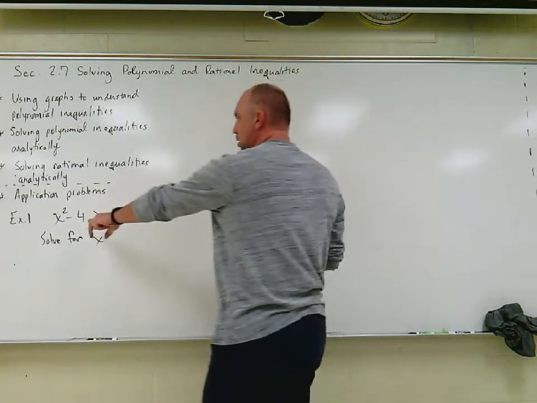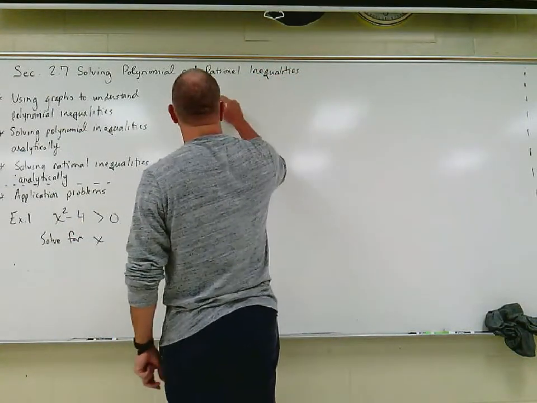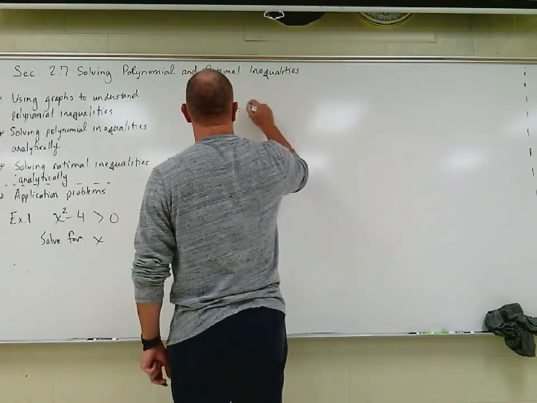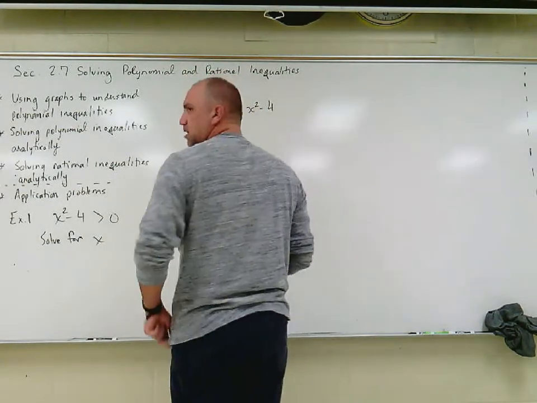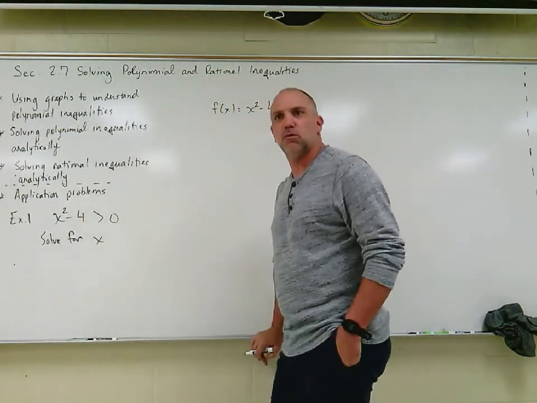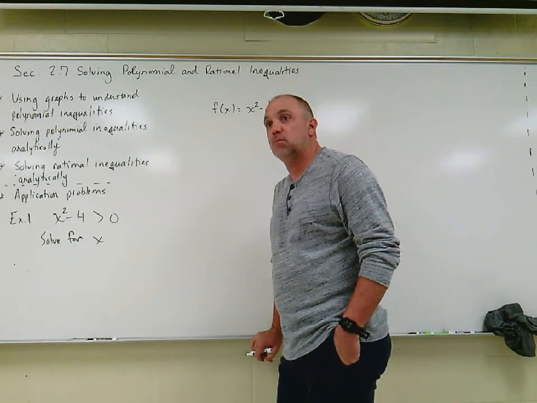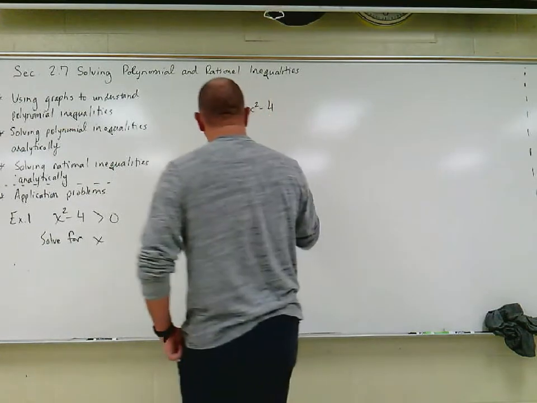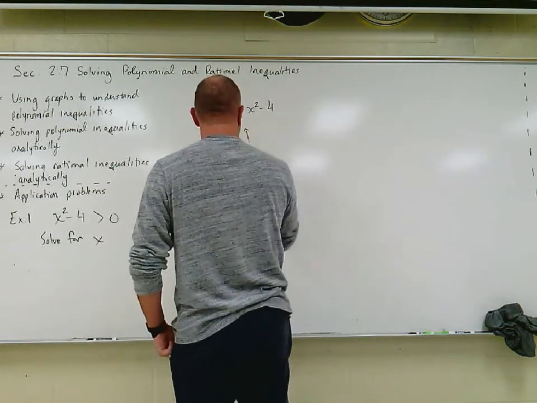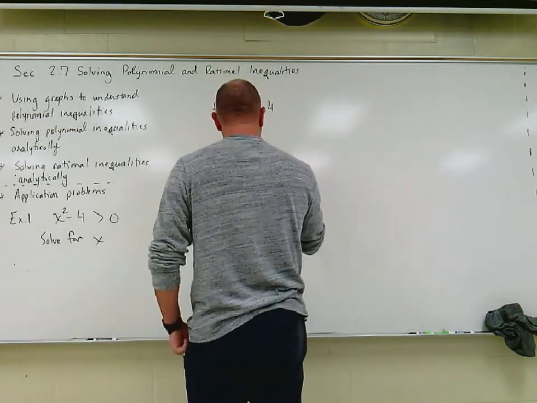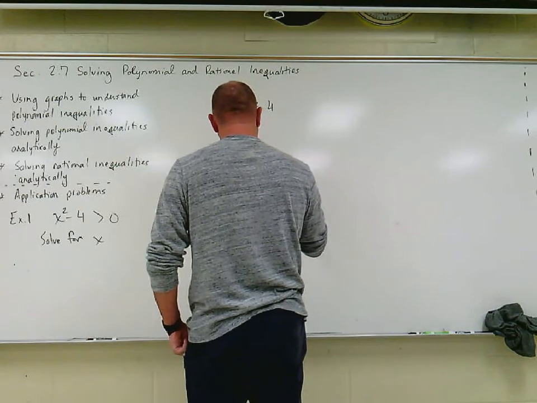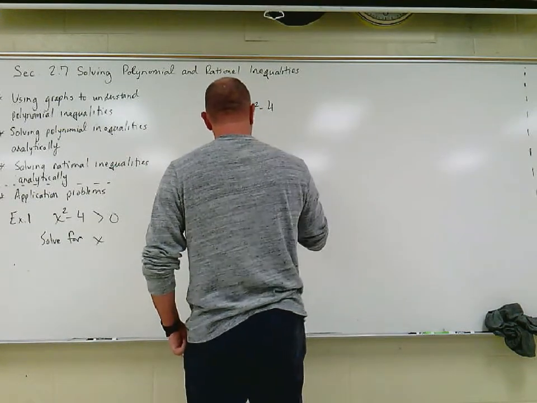All right, first I just want to look at the graph of x squared minus 4. So what does the graph of x squared minus 4 look like? A parabola, down 4, that opens up.